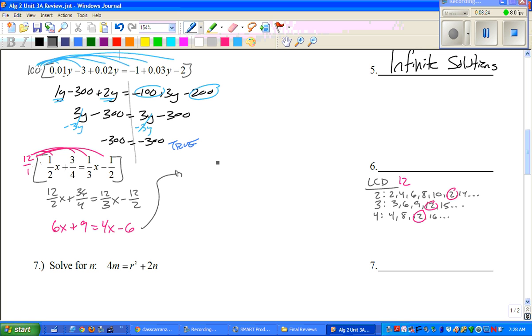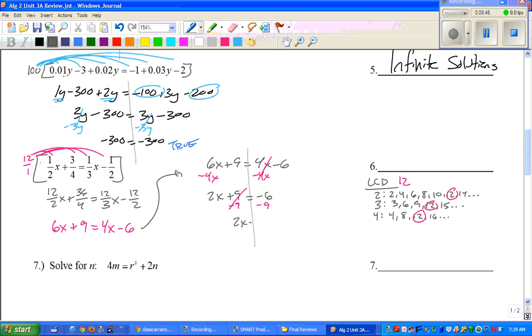Okay? So all I'm going to do is just rewrite this up here. And then we're going to go ahead and solve. Okay? Get your variable to one side. We get 2x plus 9 equals negative 6. This is so much easier than doing with fractions.